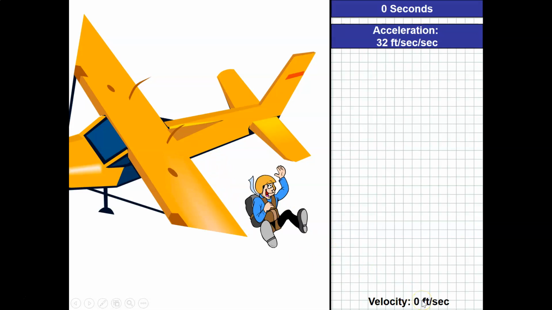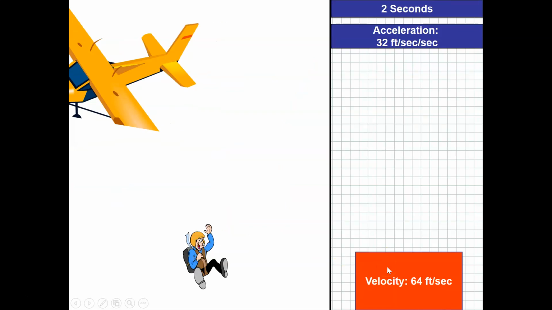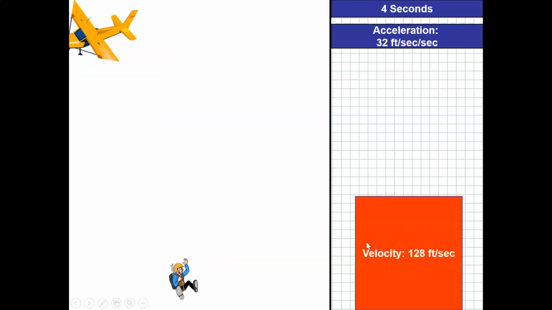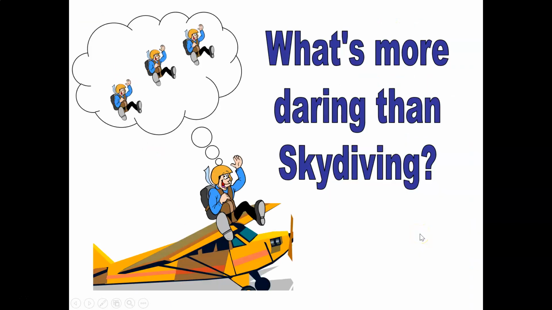But then after 1 second, his velocity is now 32 feet per second. After 2 seconds, it's another 32 feet per second, so his velocity is 64 feet per second at that time. And then it's going to keep on increasing by a factor of 32 feet per second as he continues to get further and further down from the plane, right? So the gravity is continuing to pull him at that speed of 32 feet per second.